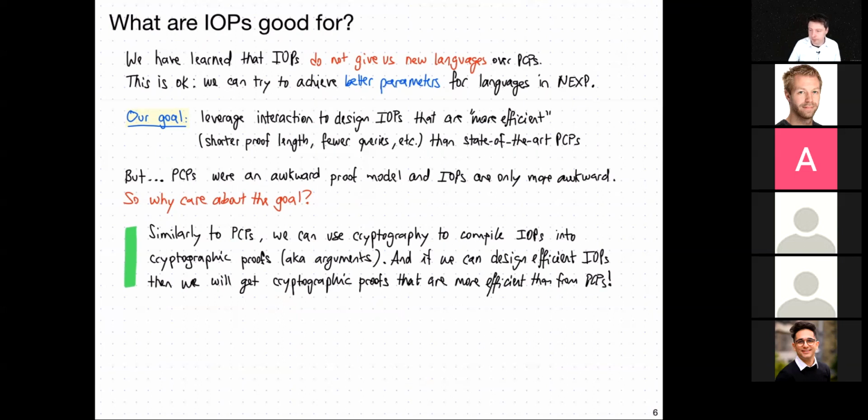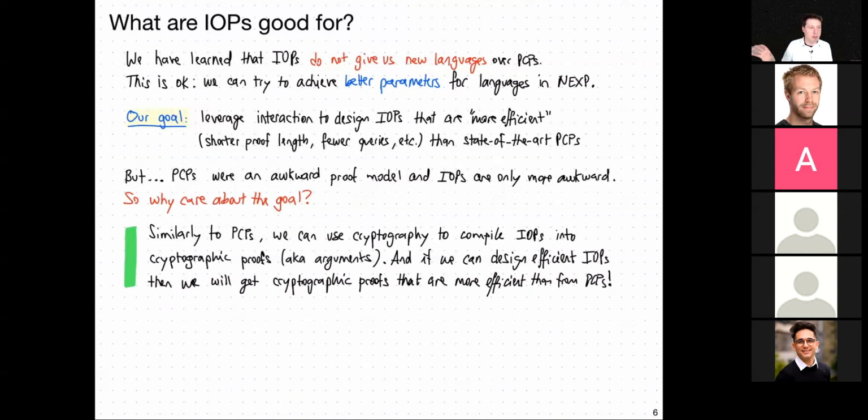So if you have this compiler from probabilistic proofs to cryptographic proofs, what we're basically saying is, ultimately what we cared about was a cryptographic proof anyway. We're just going to change the stepping stone and give ourselves more design room to use interaction more, okay?